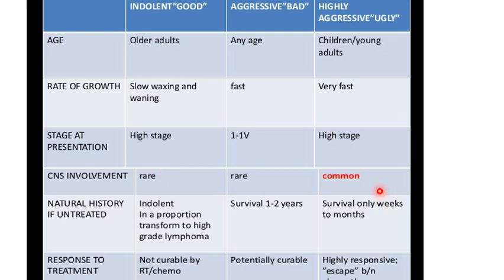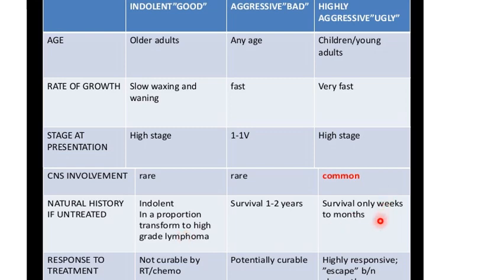And then if you do not treat, the natural history in the indolent group is a very slow growing tumor, and a proportion will eventually, after many years, convert to high grade lymphomas.